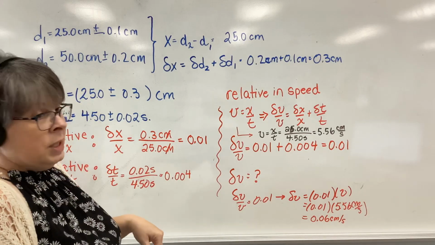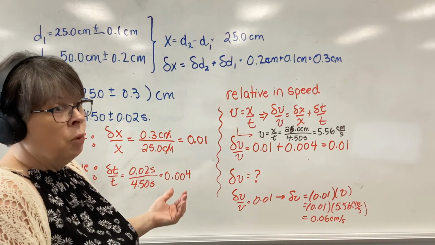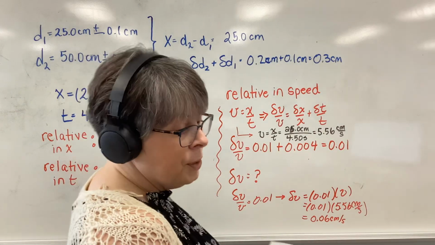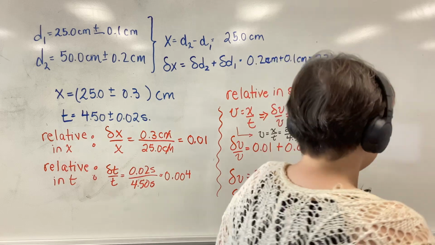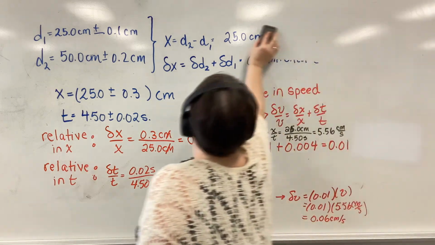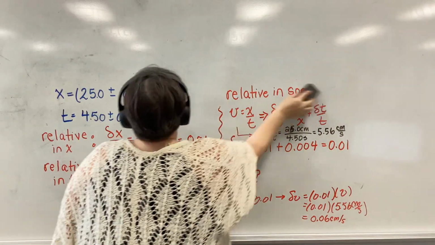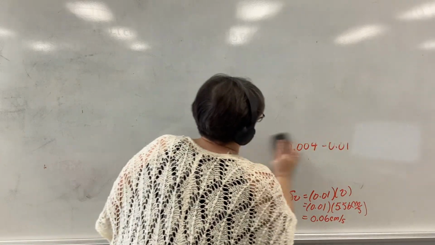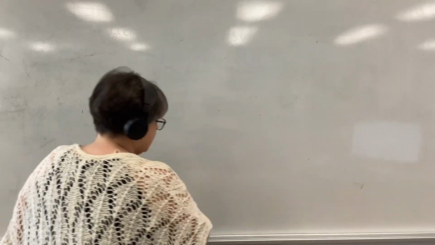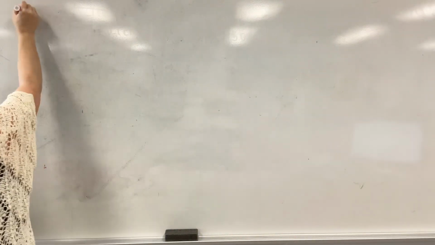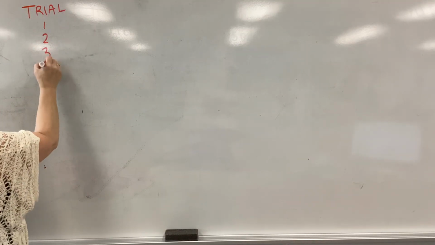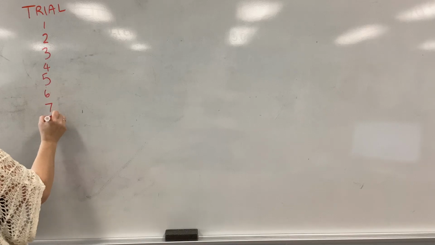Okay, so hopefully that's going to take you right through question 1. Then the next uncertainty calculation you come to will be finding the uncertainty after you type all of your trial values in the computer. So let's have a look at how that's going to work. You're going to get a set of trial data, and let's say our trial numbers that you type into the computer will be 1, 2, 3, 4, 5, 6, 7, 8.